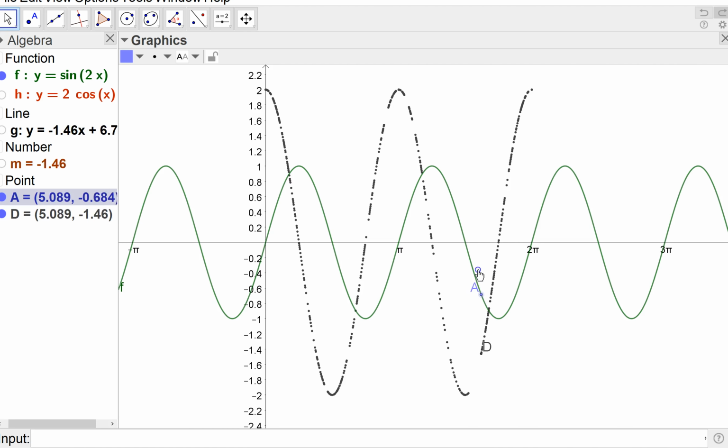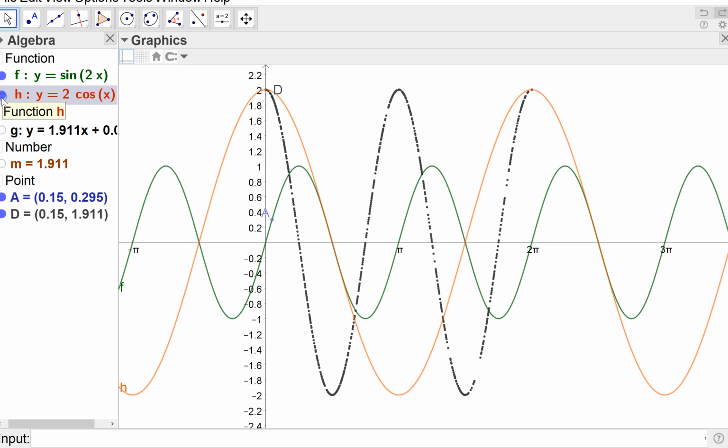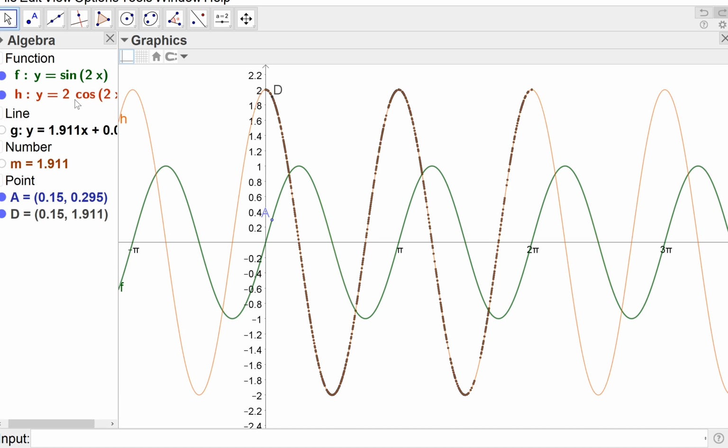You can see that we've got 2 of these curves, so the derivative is also going to have a period of 180 degrees. So it's not simply the 2 cos graph, the derivative, we're going to have to go in here and amend this. It's going to be 2 cos 2x, and there is our derivative.